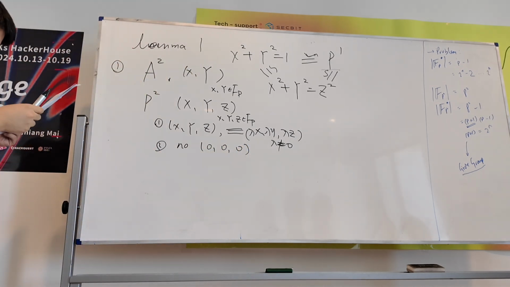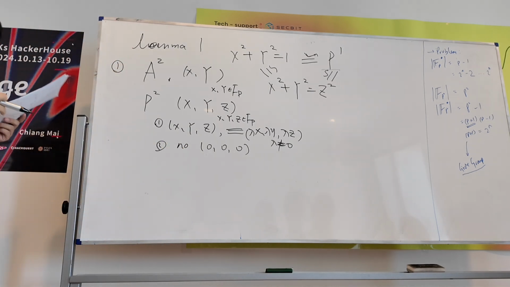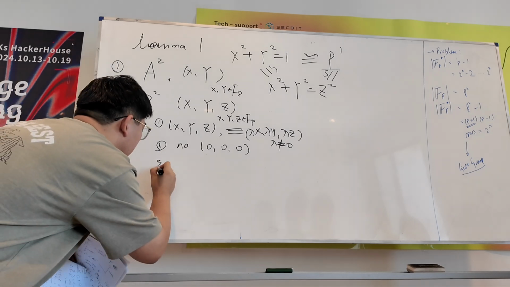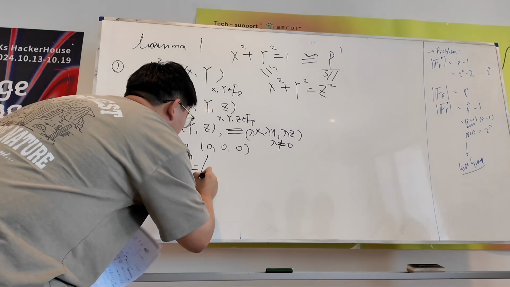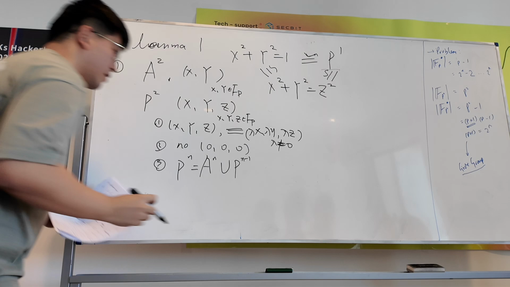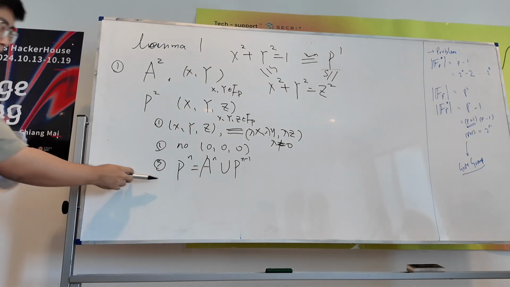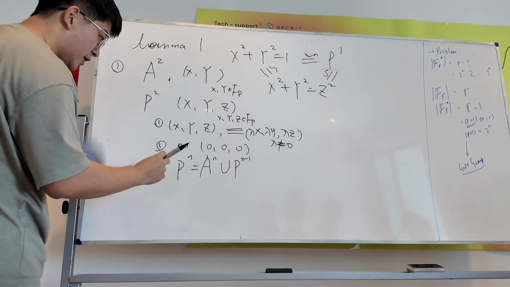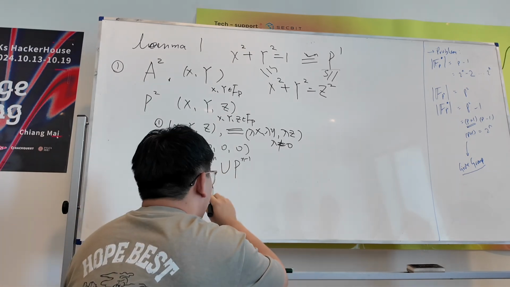Another thing in the projective space is we don't have the all-zero point. And this last one is another thing, and we can show it with two cases.